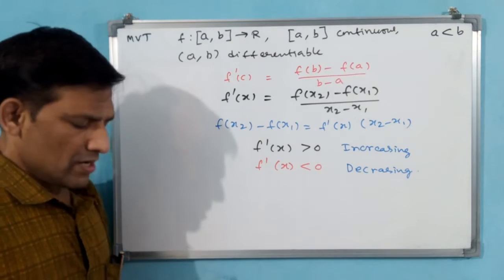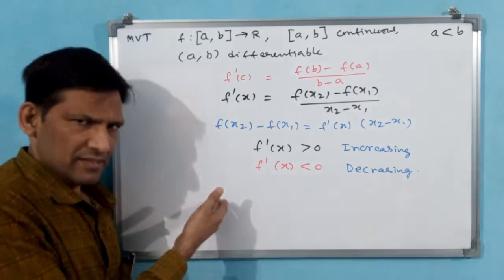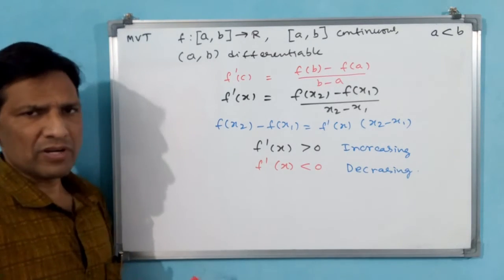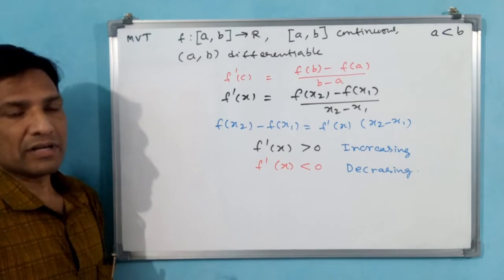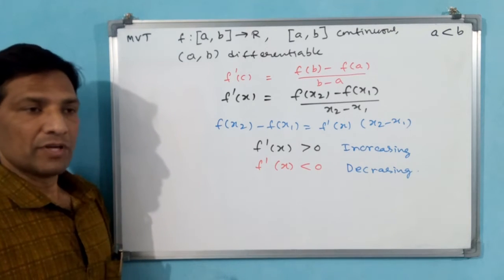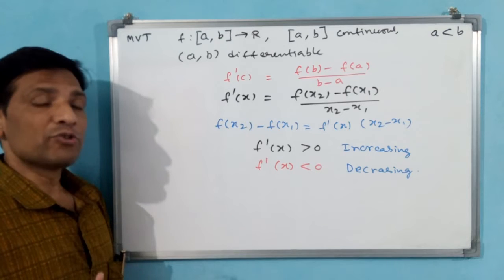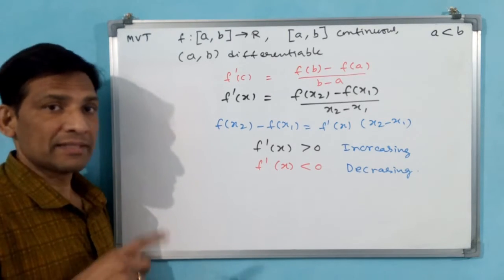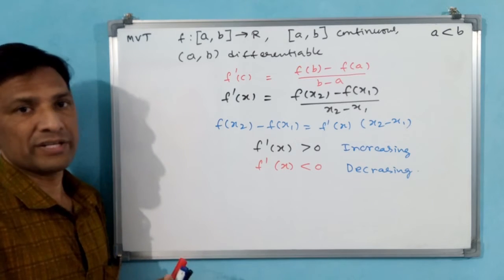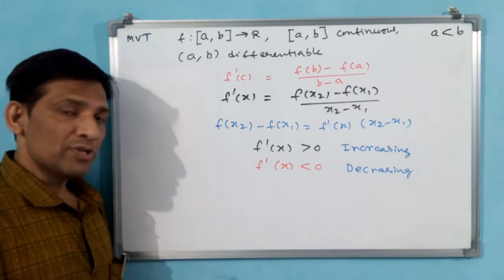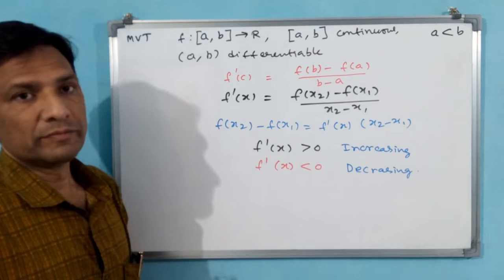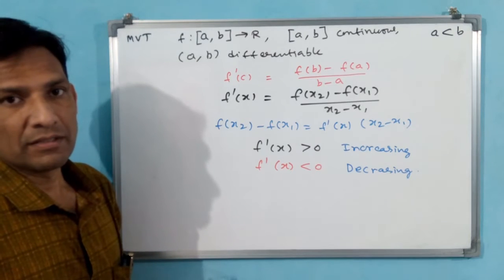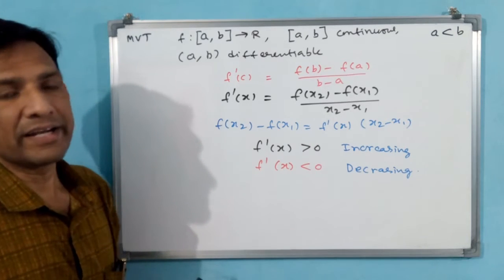Why? Because see, like 7x minus 3 as seen earlier, like that simple functions will not come. Complex functions will come. Trigonometric function will come. 7x cube plus 3x square minus 6x, like that functions will come. At the time you have to do differentiation, derivation. By doing derivation only you can find whether this function is increasing or decreasing.